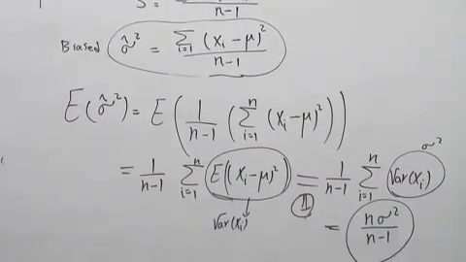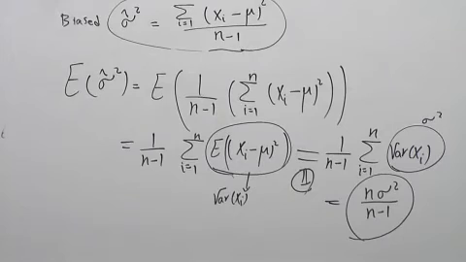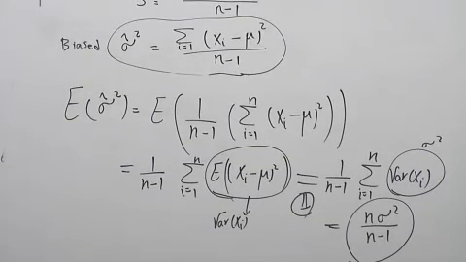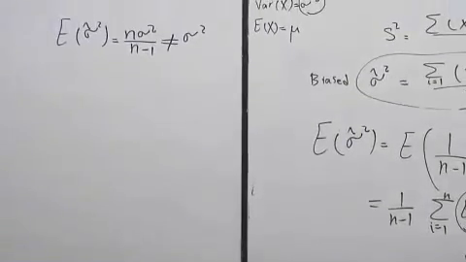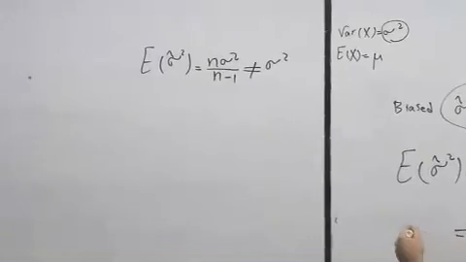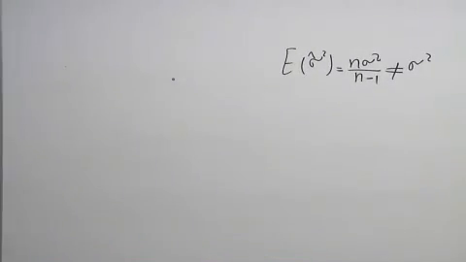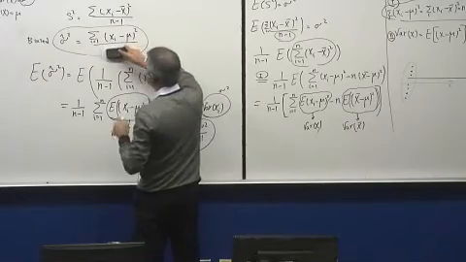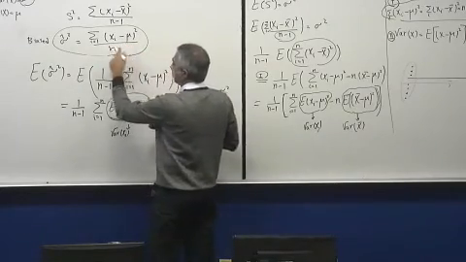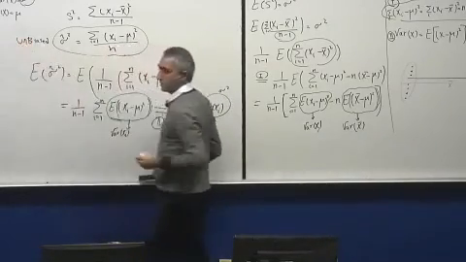Does it make sense? Any questions? The second part is how I can make it an unbiased estimator. Just replace n minus 1 with n. That's it. So if you change this n minus 1 and make it n, then this becomes an unbiased estimator.